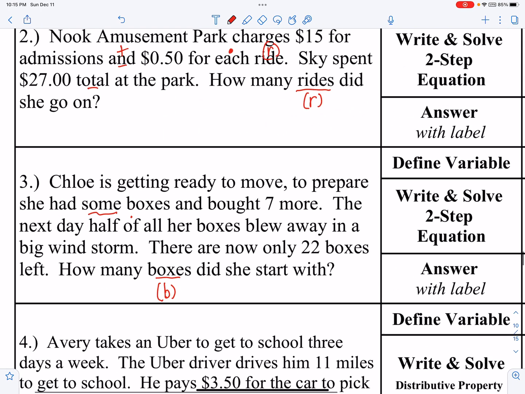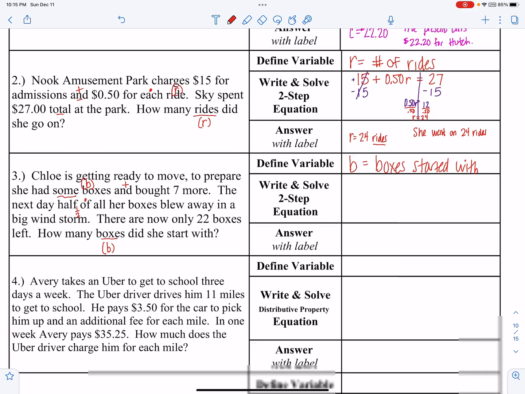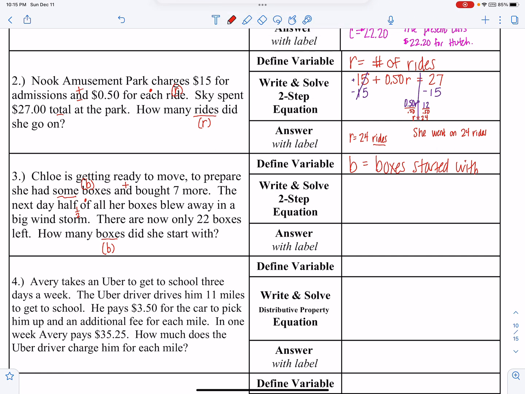Let's look at all of our hints now. Chloe's getting ready to move. To prepare, she had some boxes, so that is going to be our variable. Then she bought 7 more, and in this case "and" does mean add. The next day, half of her boxes blew away in a storm, and now there are, meaning equals, 22 boxes left. Let's put this together.